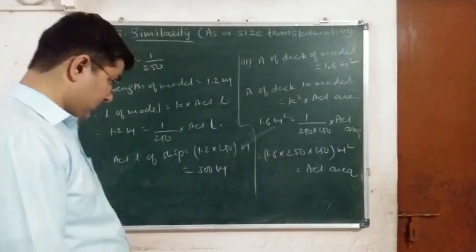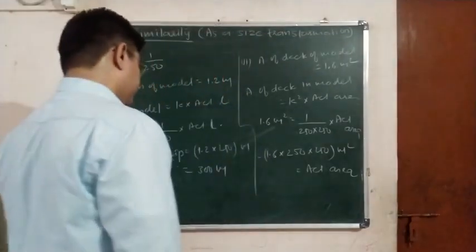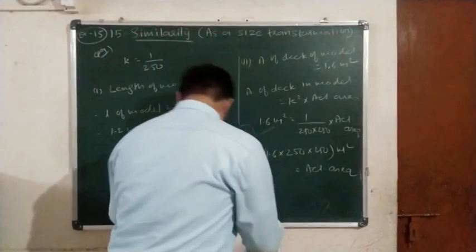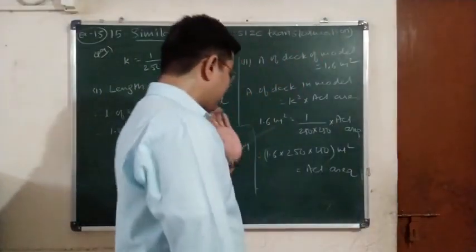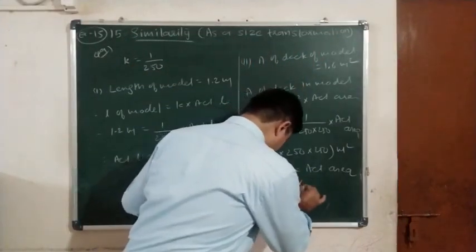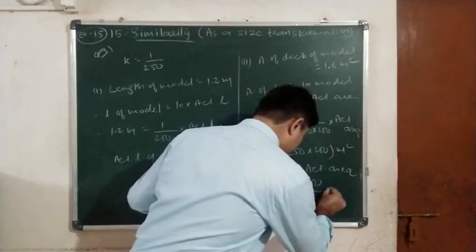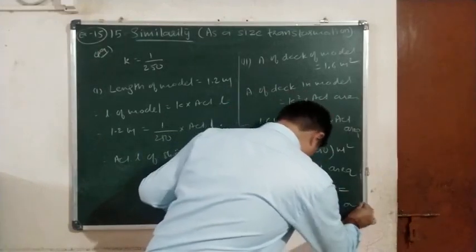Now let us multiply. Therefore 16 into 250 into 250 upon 10 square meters is equal to actual area.